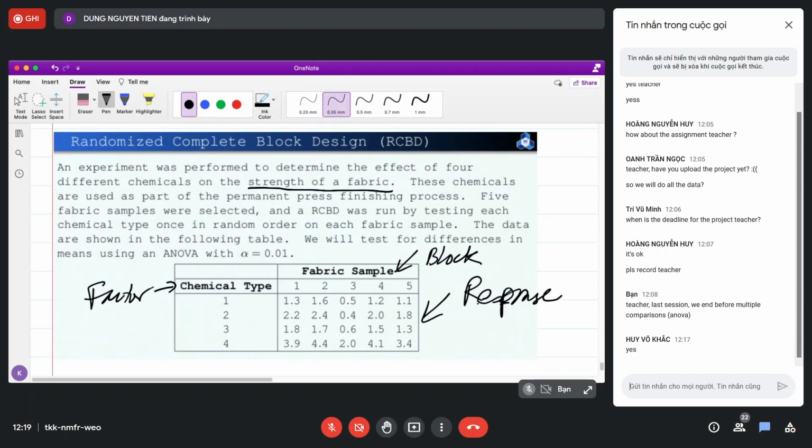Because the response, the strength of a fabric, depends not only on the factor of chemical type, but also on the block, the fabric sample. So you need to consider the effect of not only the factor, but also the fabric sample on the response, the strength of a fabric. So in this case, there are two factors, basically.